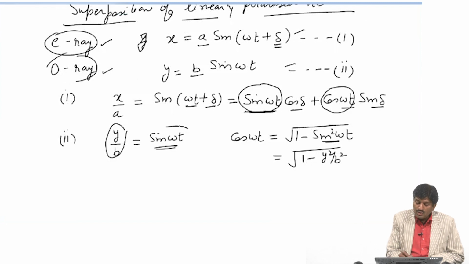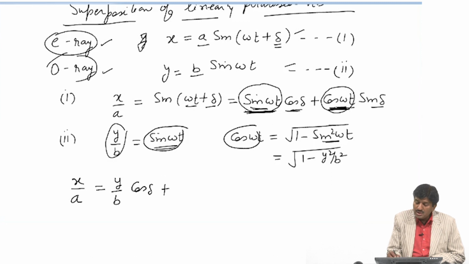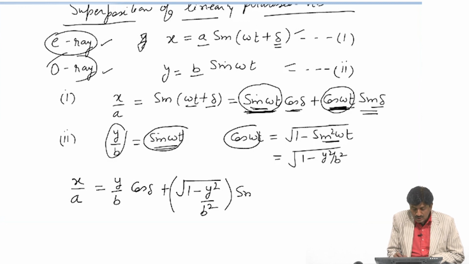Now, put the values of sin omega t and cos omega t in this equation, and it becomes x upon a equal to y upon b cos delta plus under root 1 minus y square upon b square sin delta.